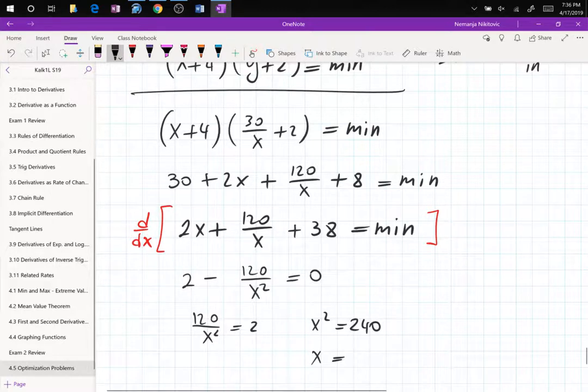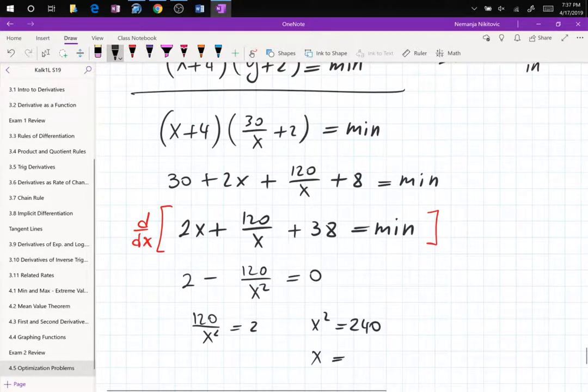Am I doing this right? 240 over x squared equals 2, the bottom. 1 over x squared equals 2 over 120, so flip it.